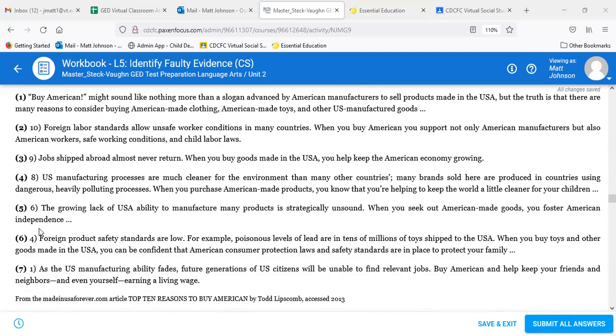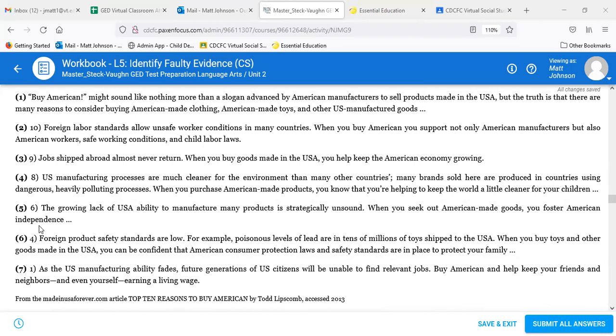The growing lack of USA ability to manufacture many products is strategically unsound. When you seek out American-made goods, you foster American independence. Foreign product safety standards are low. For example, poisonous levels of lead are in tens of millions of toys shipped to the USA.